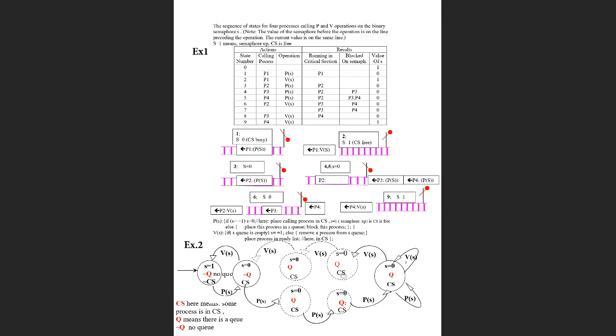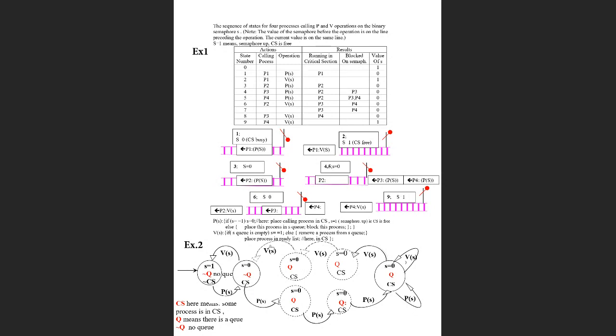The semaphore is closed because the critical section is busy. So the state did not change because we have at least four processes. If the next process is leaving, we still have the same state because there was a queue.